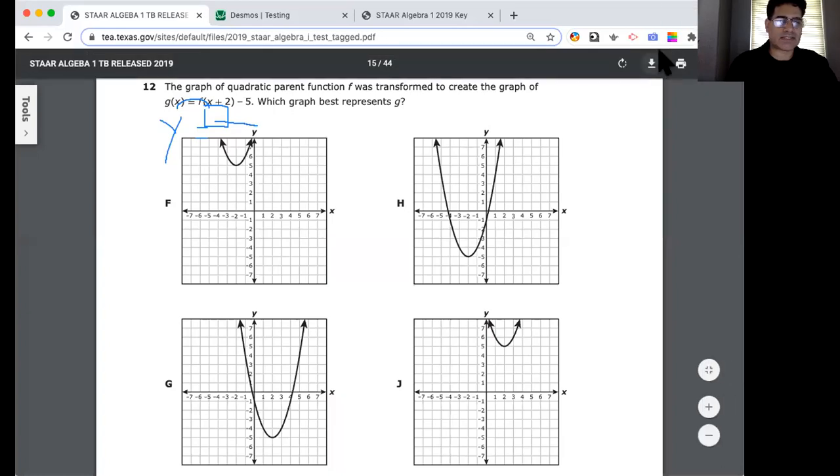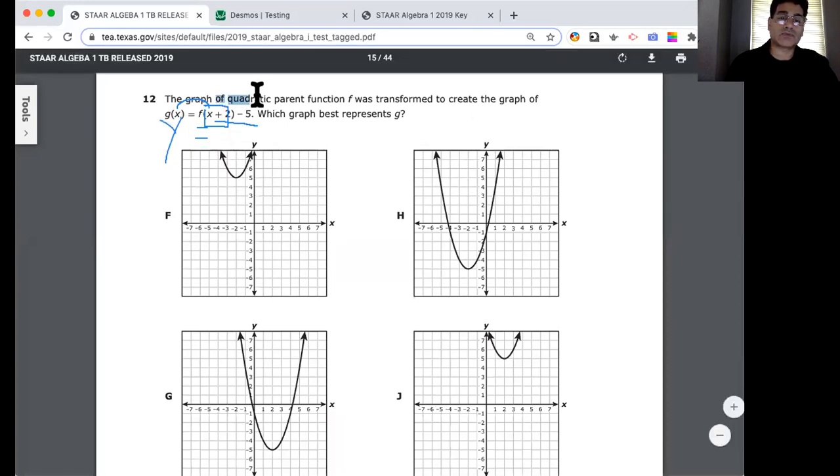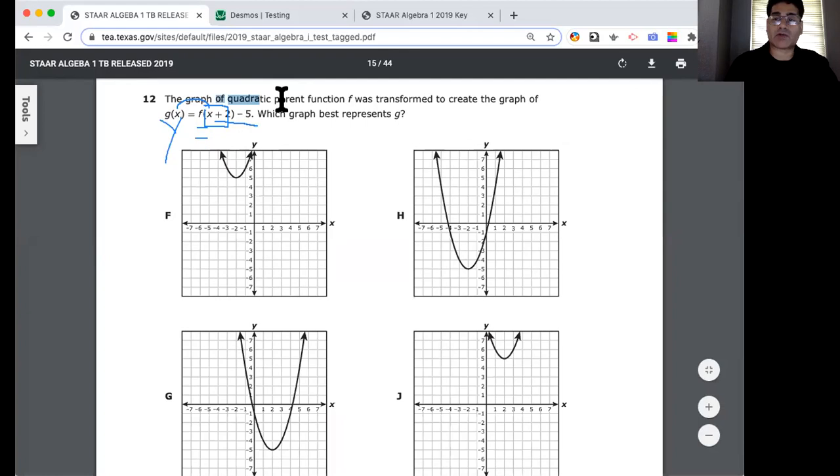So the way that is set up is a clue that we're looking at our quadratic equations chart, and you therefore see that there's something missing from here. So we have the function of x, the g of x, equals a function of this minus 5.